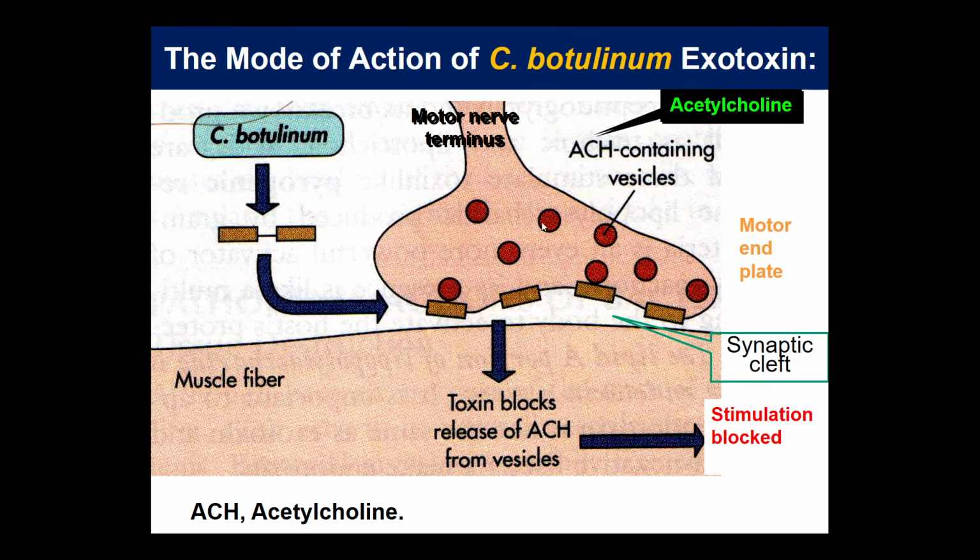Vesicles with acetylcholine try to be released into the synaptic cleft, but it becomes impossible due to the toxin. Acetylcholine cannot maintain transmission of the signal from the nerve ending to the muscle, and the muscle remains relaxed.